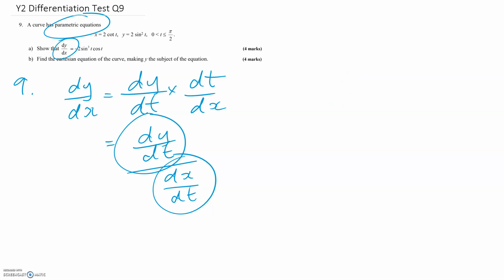So let's start with dx by dt. So x equals cot t. To differentiate this, this is in the formula book, the derivative of cot is minus cosec squared.